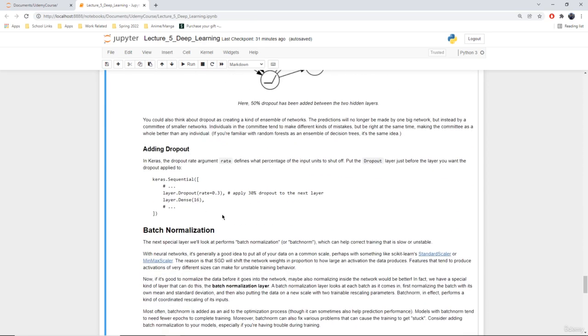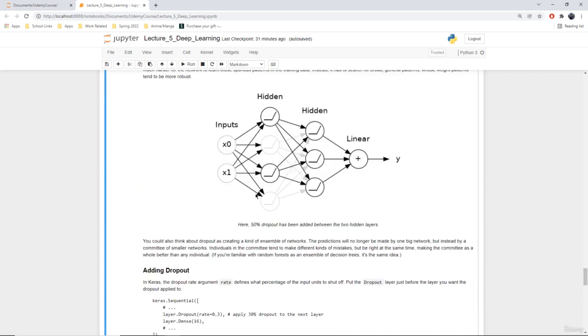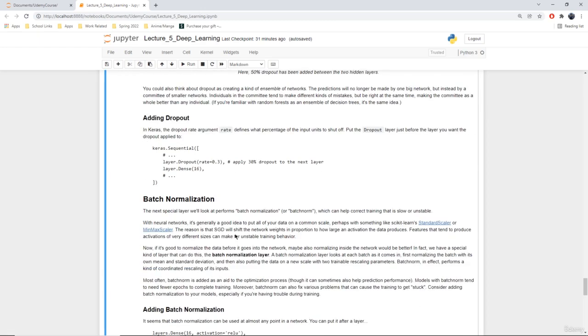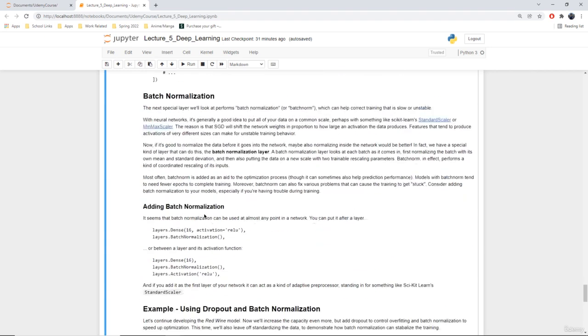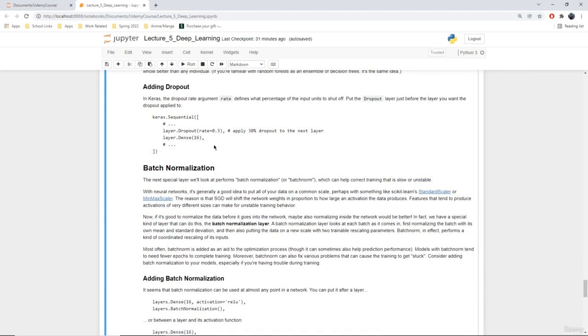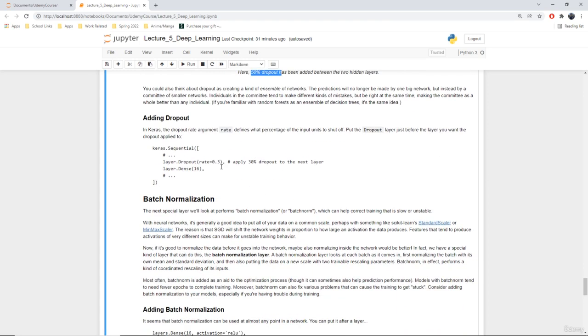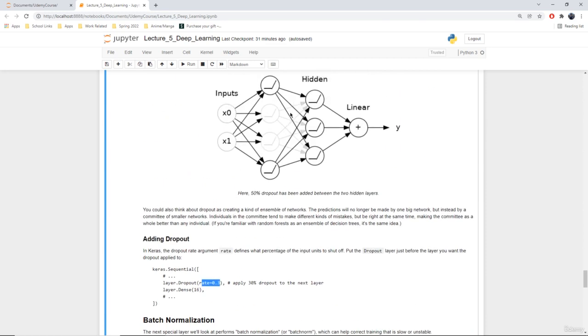We can add this simply by adding it in between dense layers, as you see, like between these two layers here. We pass this rate argument, which here specifies 50%, so in this case it'd be rate equals 0.5 between these two hidden layers.